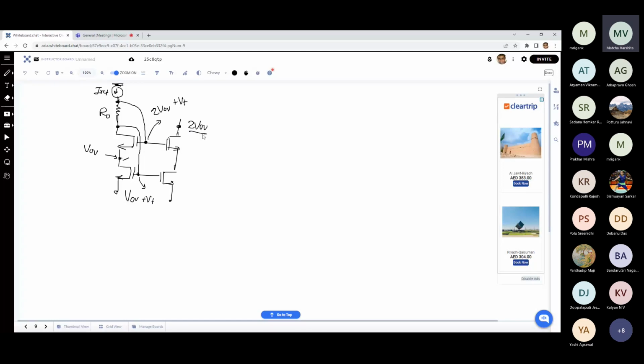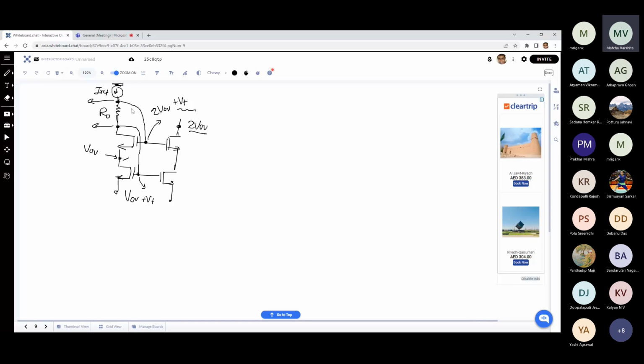So this takes us to similar values to the earlier case. Now this 2V overdrive I can minimize by sizing up, so that the headroom that was consumed by this VT is gone. And now you just have to take care of what the voltage drop across this resistor is.